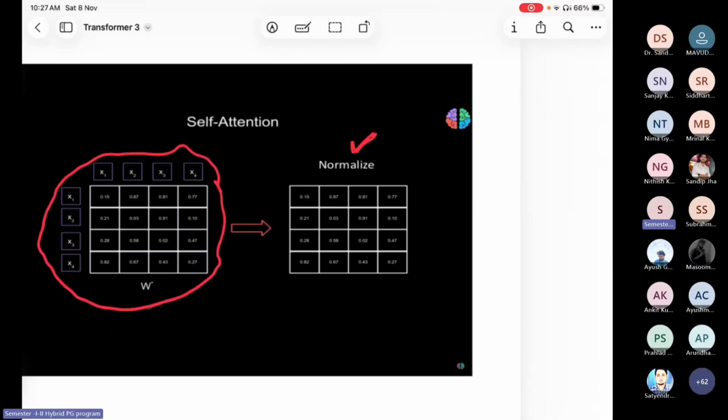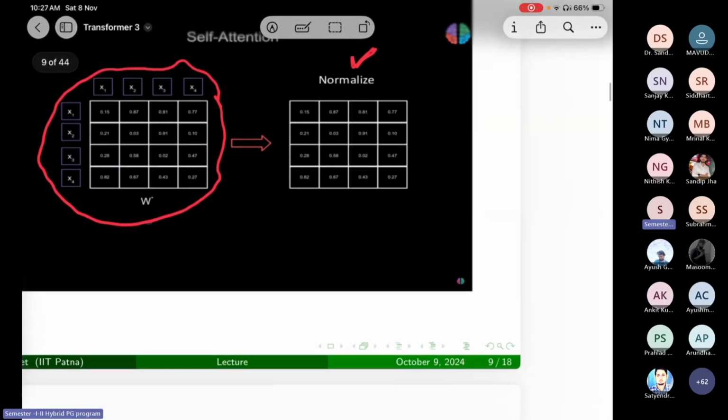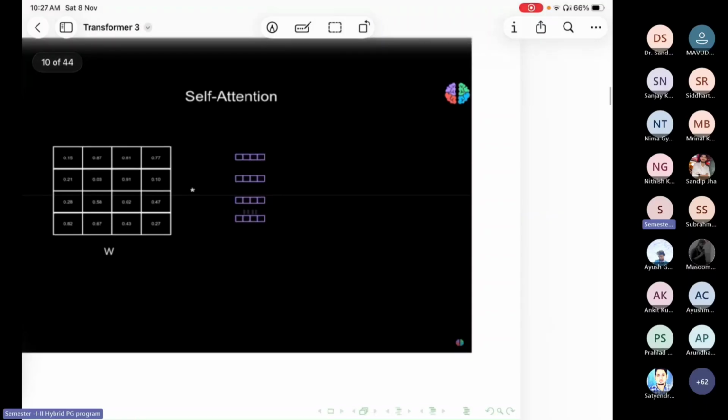Normalization sometimes helps you to get better information, to have a better representation. Okay, so that's why we do it, and this part will come later, so I'm leaving it for now, but we will discuss it in detail. Okay, so we have got it.